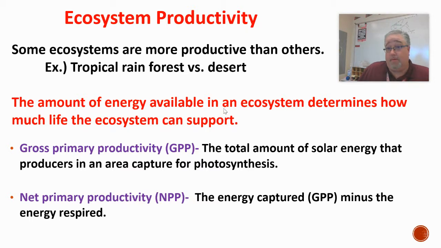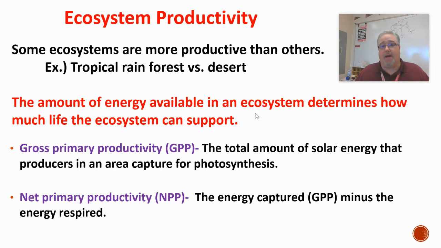And that's totally true. If you take, for example, a tropical rainforest versus a desert, and ask which of those two would have more biodiversity, would have more living things, I mean, we would probably say a tropical rainforest does, right?